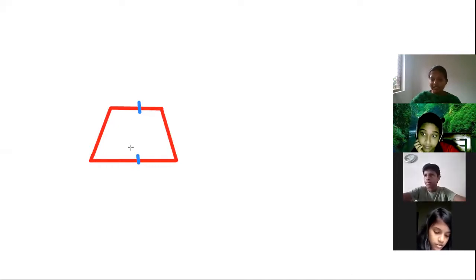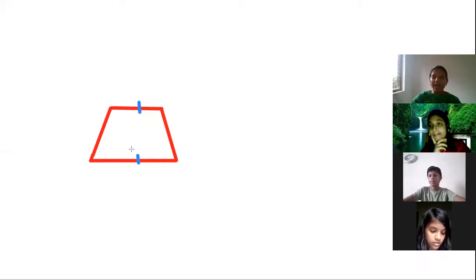There is also one pair of opposite sides parallel, but the number of sides is 5. That's why it's not a trapezium. Yes, a trapezium is a quadrilateral. That's why a trapezium should have 4 sides and 4 angles, along with one pair of opposite sides parallel.